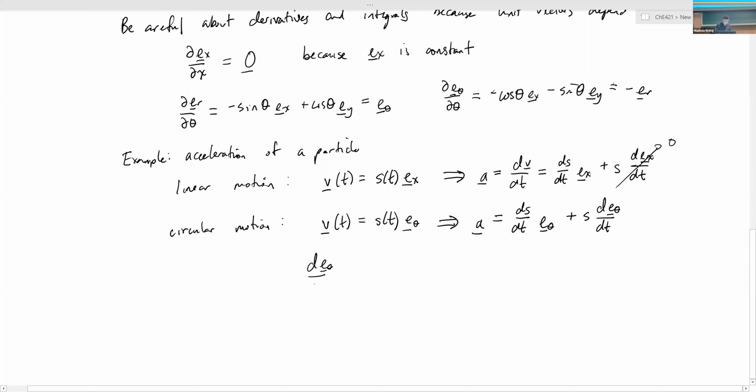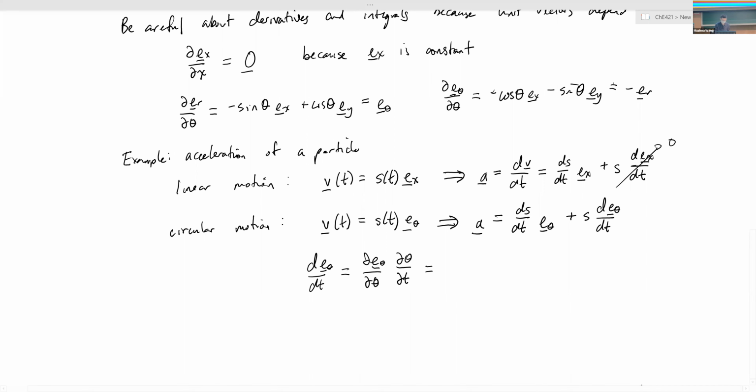dE theta dt could be written as something like this, by the chain rule. Now we calculated what dE theta d theta is. That's this.